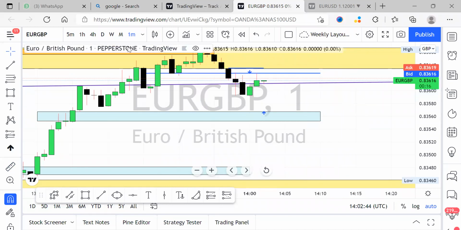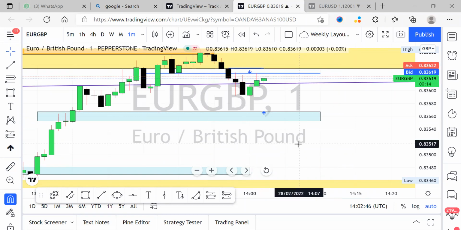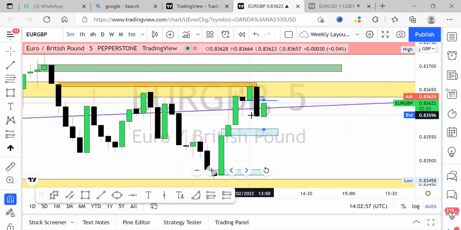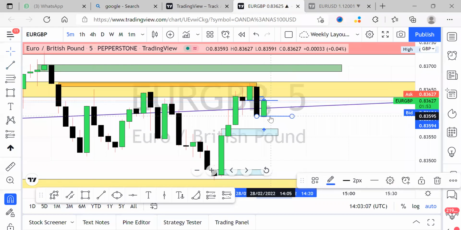But you need to see this on higher time frames, which would be the best way. So if we now look from a 5-minute point of view, look at how this candle is making good progress. At this moment, this is the line it needs to break.